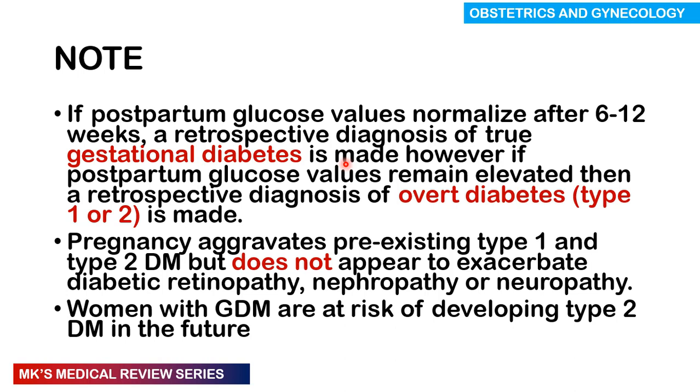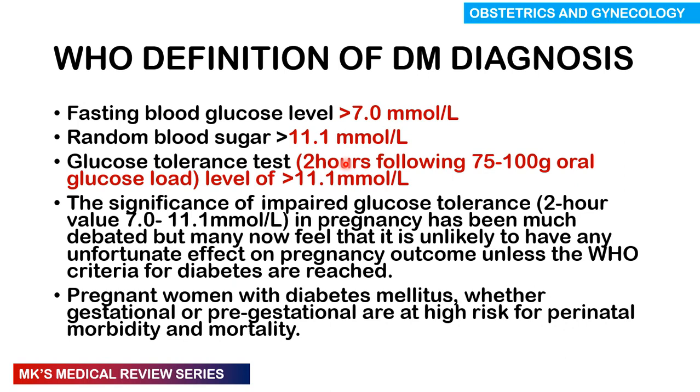And remember that if someone has pre-existing diabetes mellitus, whether it be type 1 or type 2, pregnancy hasn't been shown to exacerbate diabetic retinopathy, nephropathy or neuropathy if they have any pre-existing, as opposed to what most people think. So women with gestational diabetes mellitus are actually at risk of developing type 2 diabetes in the future, so they must be followed up closely postpartum.